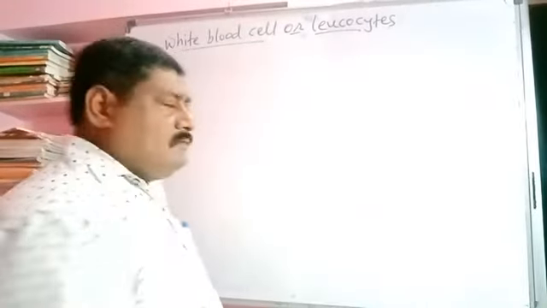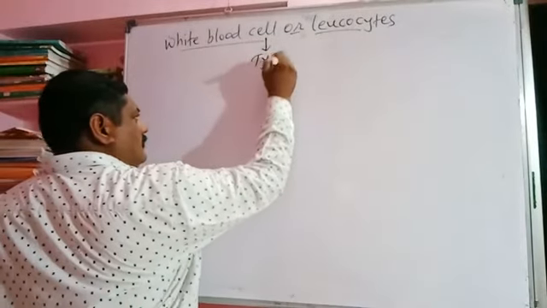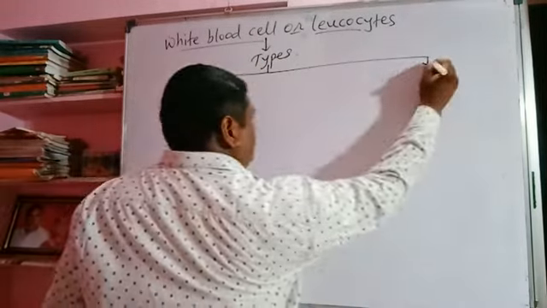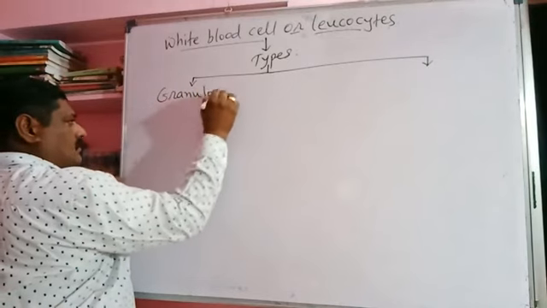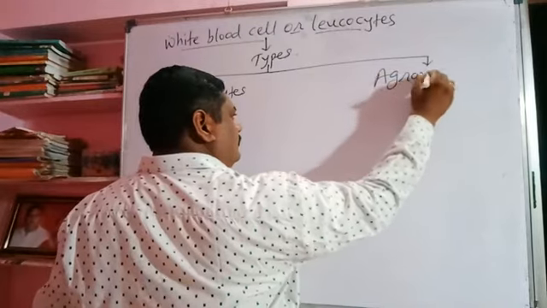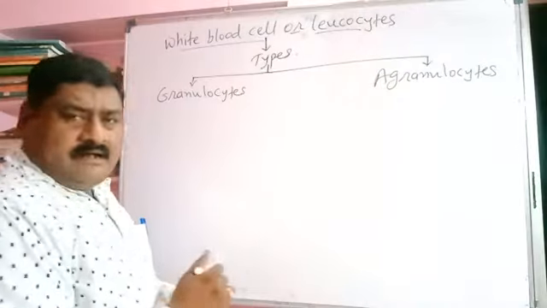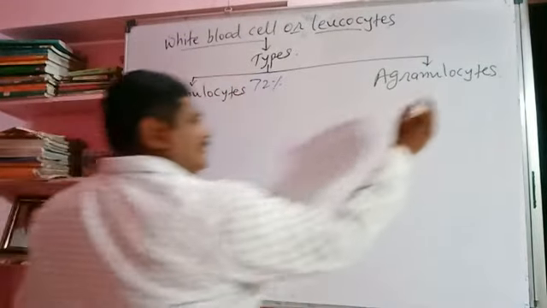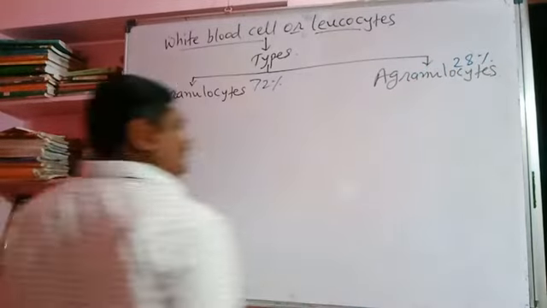Types of white blood corpuscles. The white blood corpuscles are of two types: granulocytes and agranulocytes. Granulocytes are 72%, agranulocytes 28 to 30%.